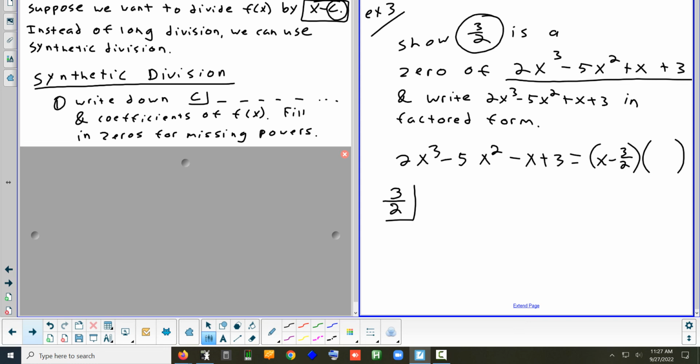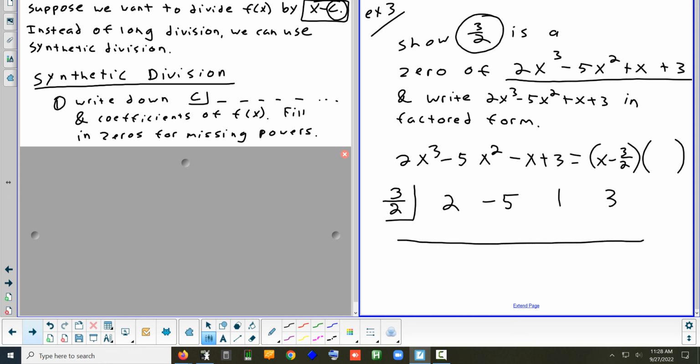All we want to do is write down the coefficients of what we're dividing into, filling zeros in for missing terms. Am I missing any terms in what I'm going to divide into? No. So what would I write down for numbers? 2, 5, 1, and 3. Yep.